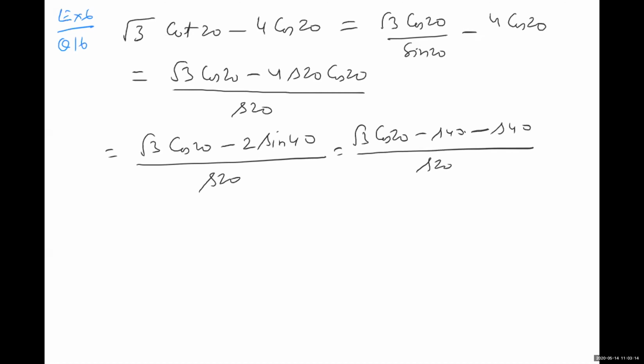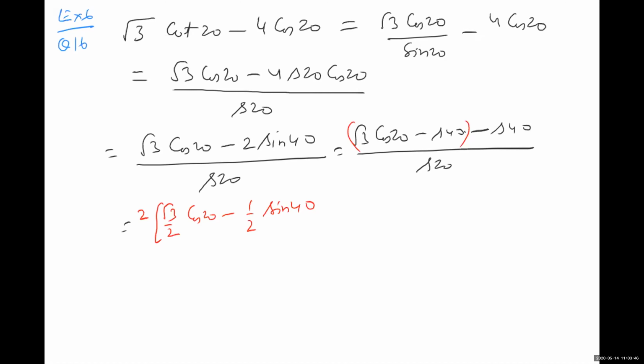I used the formula 2 sine theta cos theta is sine 2 theta. Now what we will do, take this part separate, divide by 2, multiply by 2. So 2 into root 3 upon 2 cos 20 minus 1 upon 2 sine 40.